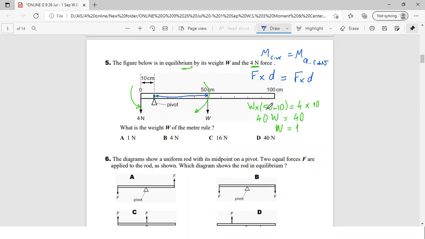So the distance is 50 minus 10, which is 40 centimeter. It's not necessary to convert it into meters. Equal to the force on the other side, the anti-clockwise one, which is 4 multiplied by how far it is from the pivot, which is 10 centimeter. Using the calculator, the answer is 1 Newton. So the answer is A. Thank you, Maya.